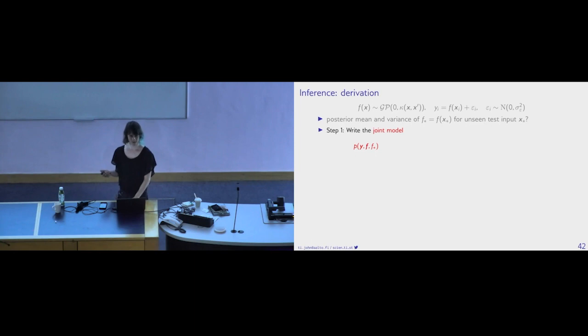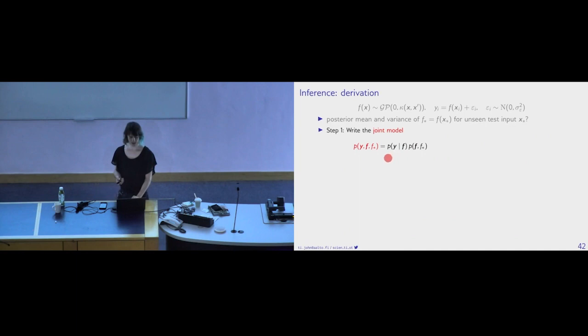Now, writing this down, we can split this into the likelihood of p of vector y given vector f at the training data, times the joint prior over p of vector f at all the training points, as well as adding the extra random variable for f star at x star. So that's the joint model.